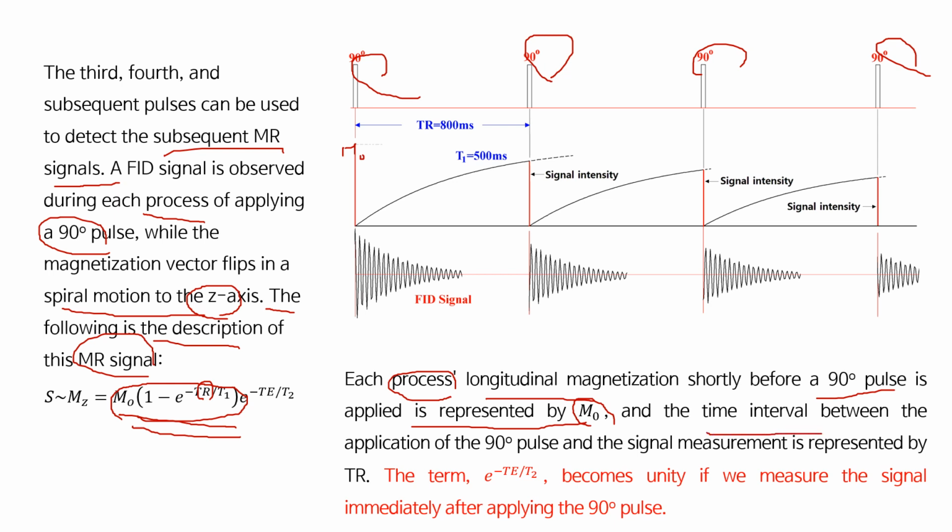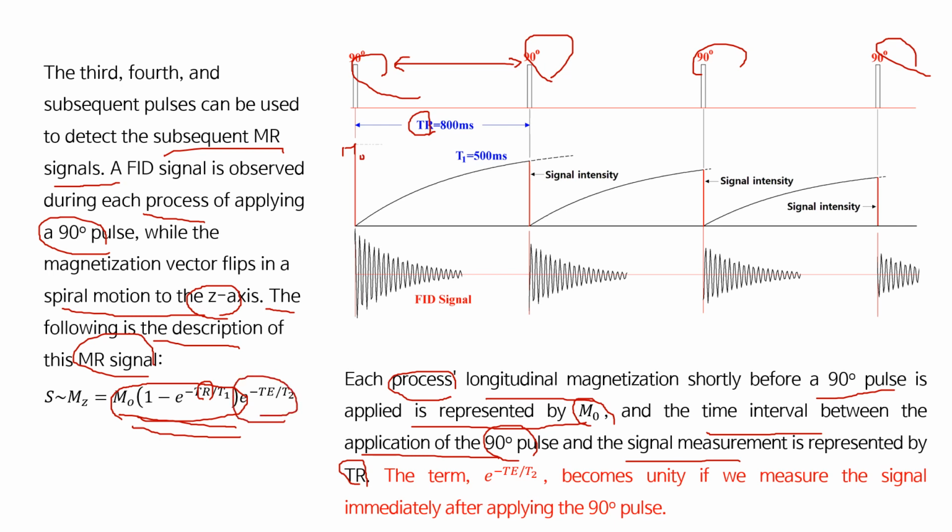And the time interval between application of the 90-degree pulse and the subsequent measurement is represented by TR. So 90-degree pulse and another 90 pulse, the time between these two pulses is the repetition time.